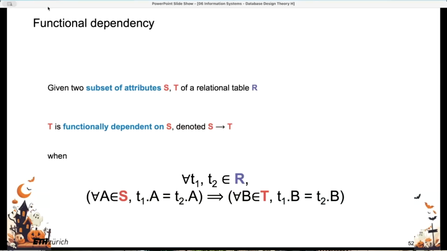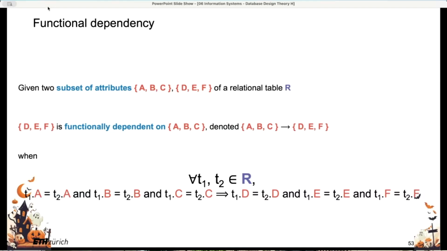Who already has an intuition looking at that formula? Maybe not a lot, right? This is why I have visuals. So first, before the visual, I replaced S and T with actual sets of attributes. I just rewrote the same thing to give you an idea. So imagine that S is ABC and T is DEF. And I'm saying that DEF is functionally dependent on ABC.